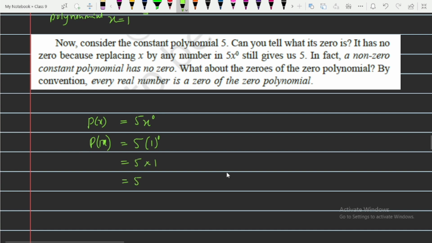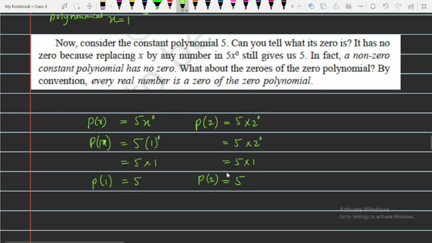So p of 1 is 5. You can check any value. P of 2 also, 5 into 2 raised to 0 is 5 into 1, so the answer is 5.